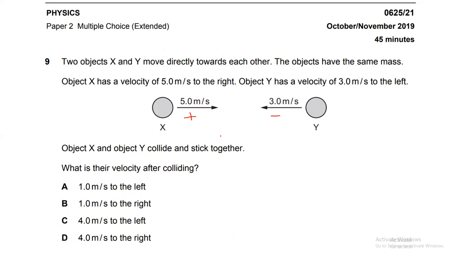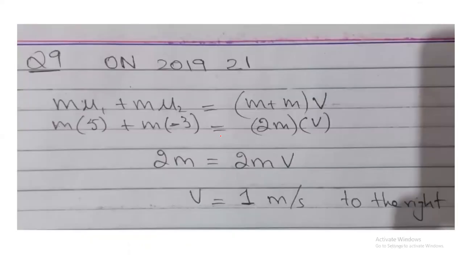So remember the momentum before the collision and momentum after the collision are the same. So mu1 plus mu2 is equal to m plus m into v. So m into 5 plus m into minus 3 will be equal to 2mv. Why we put a negative sign with the 3: because this velocity is opposite to the 5 meter per second velocity, which was towards the right.